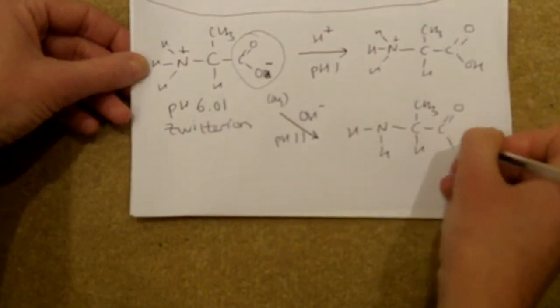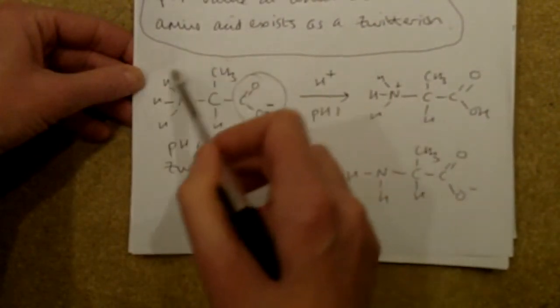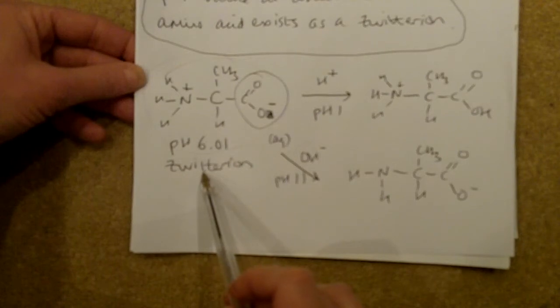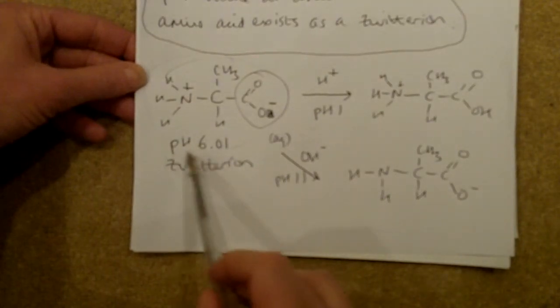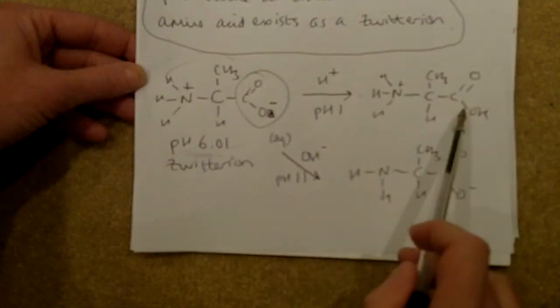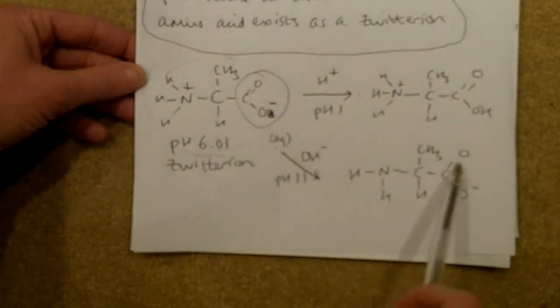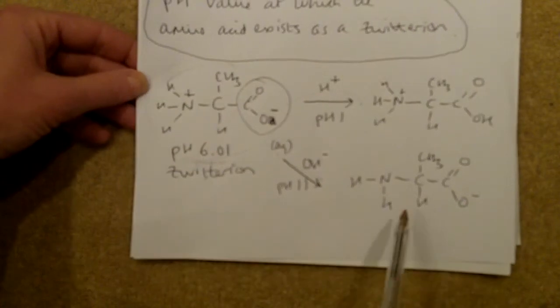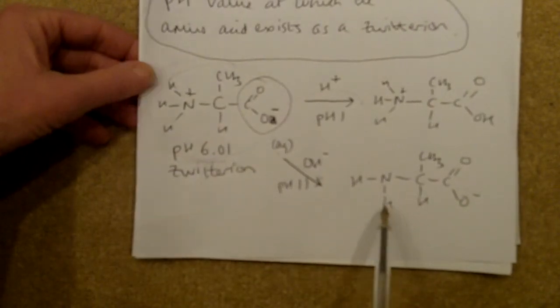There will be no H pluses. So alanine, that's the form in water. That's the pH of it in water. You don't have to remember that. They always give you that. Then in acid, you put H plus wherever you can. In alkali, you remove the H plus.